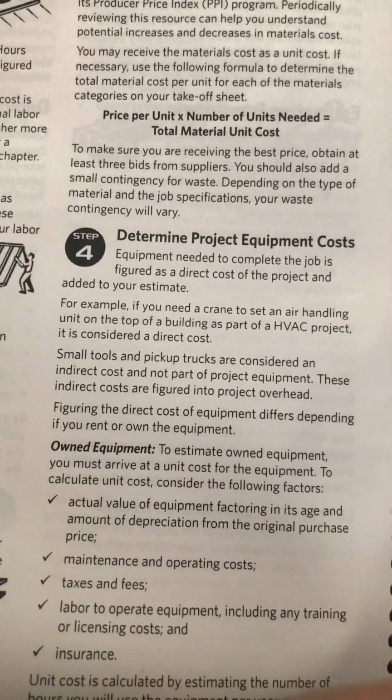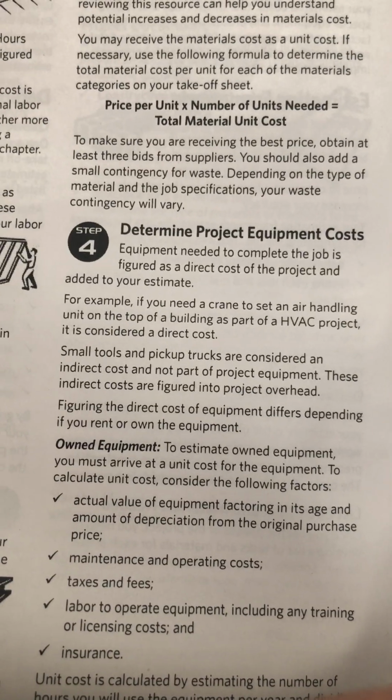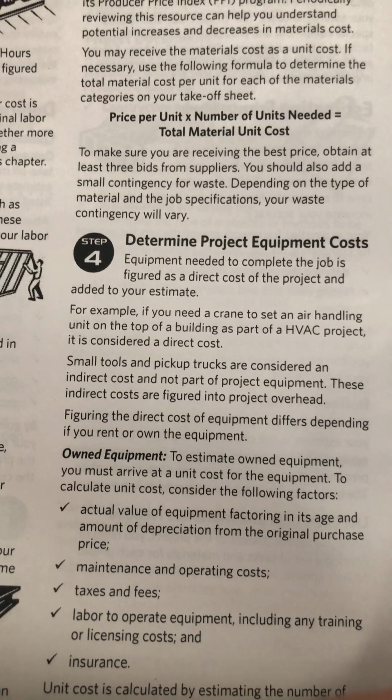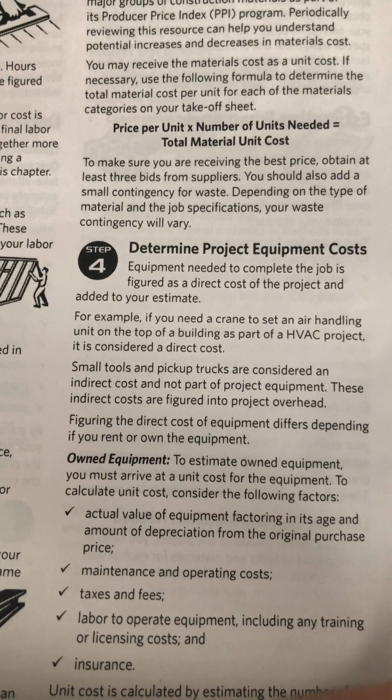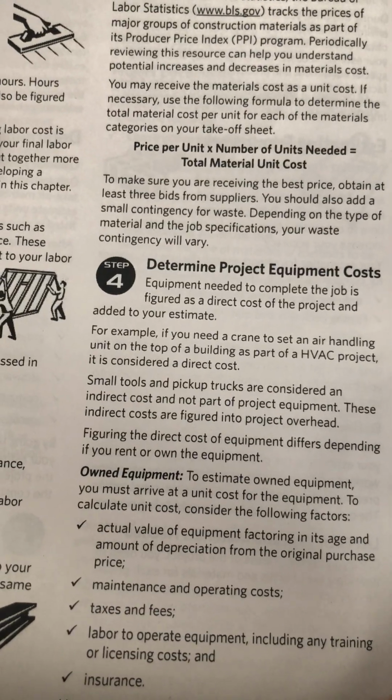That is a direct cost. And then a small tool or a pickup truck. Well, I guess a small tool would be project overhead, so a wheelbarrow would be overhead.